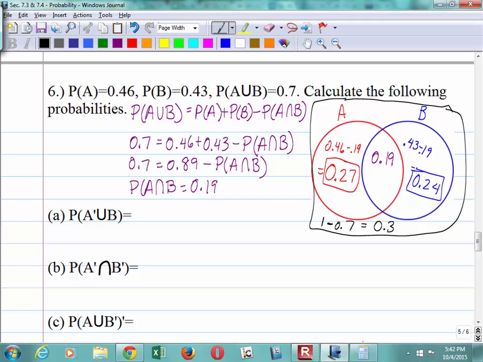Okay, so the probability of A prime union B. That's everything that's not in A plus everything that is in B. So we would have to use 0.24 plus 0.3, and since 0.19 is in B, we also have to put in the 0.19.